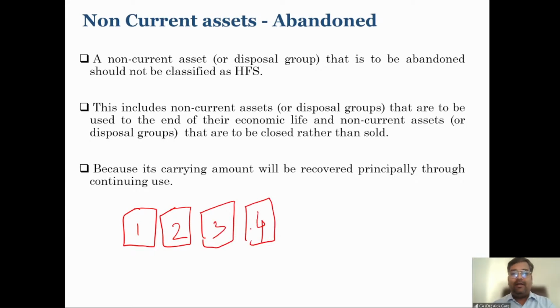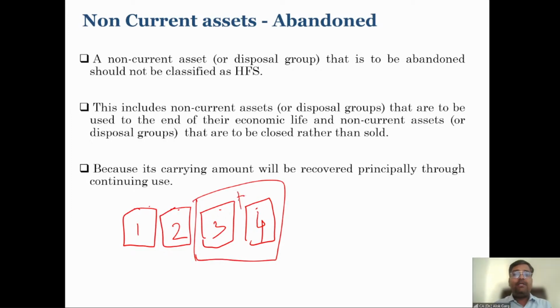This is M1, M2, M3, M4, and this company is into, let's say, manufacturing of woolen clothes, right? In summers, normally the demand declines, but of course, they're manufacturing just to have a good stock at the time of winters, right? So in summers, normally what they do, they pack these 2 machines, machine number 3 and machine number 4.